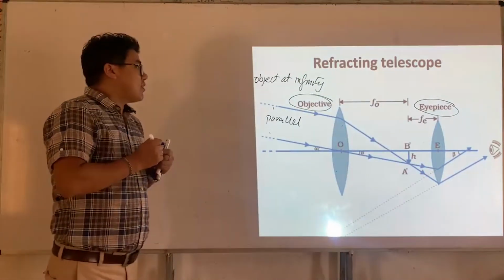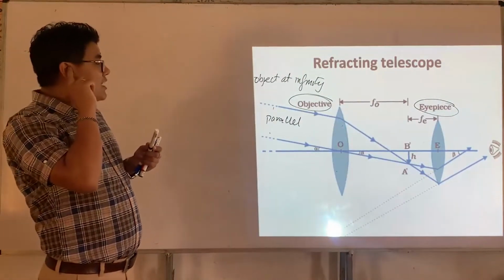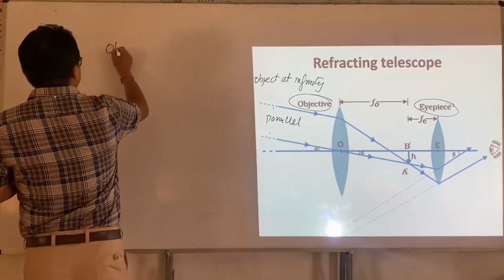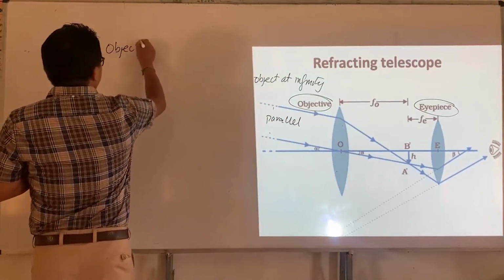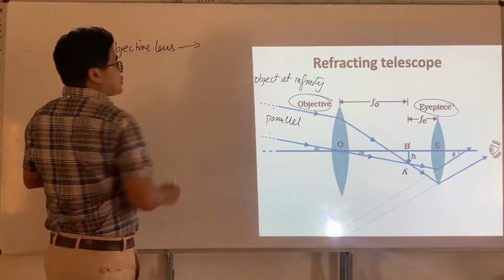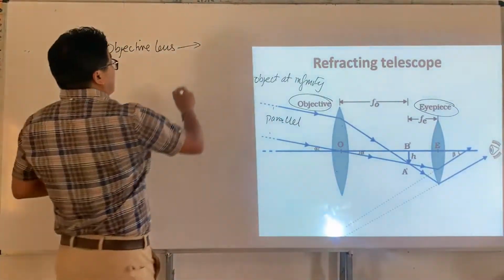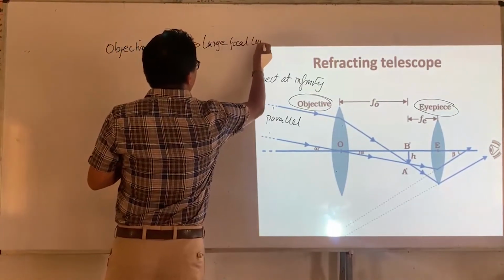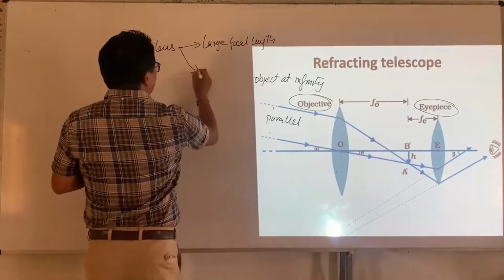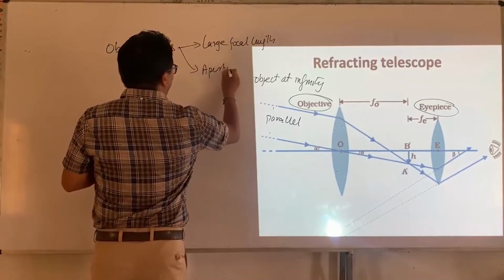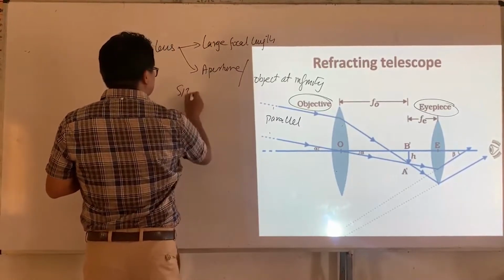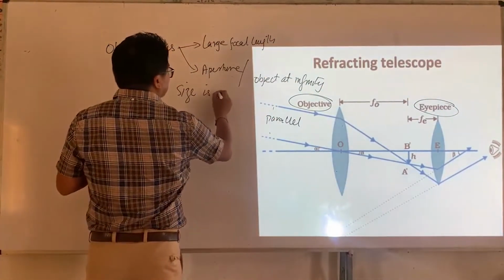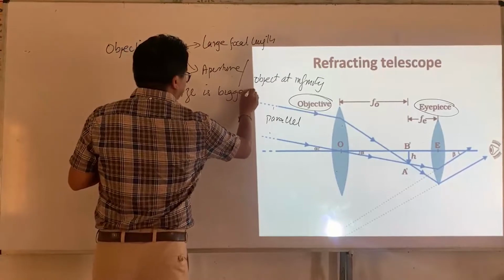Unlike in a microscope, for a telescope the objective lens should have a large focal length and aperture, or the size of the objective lens is much bigger.